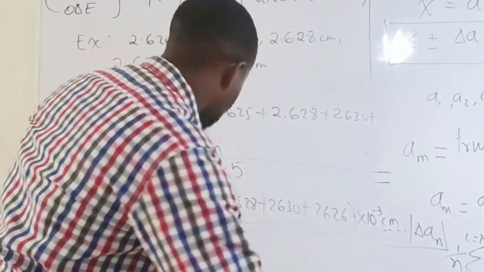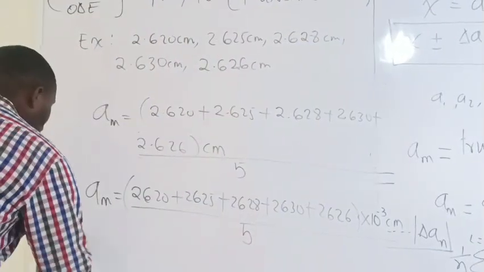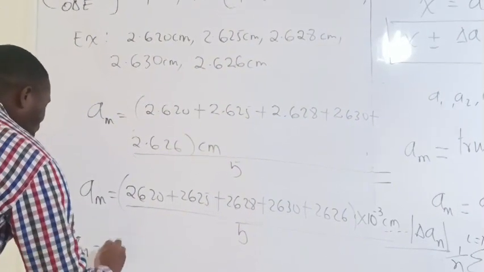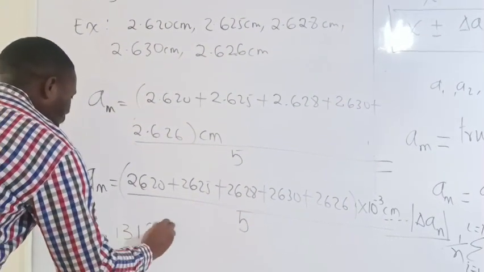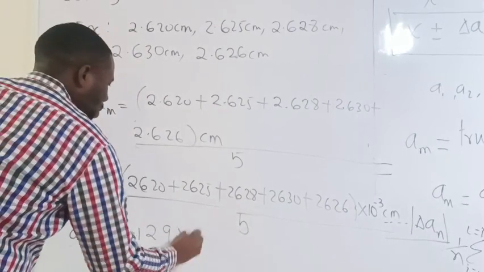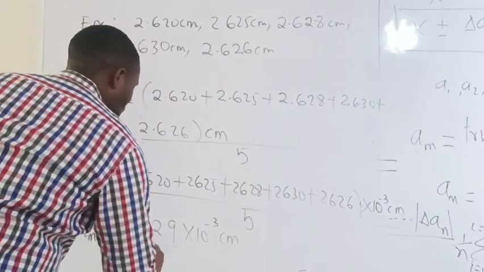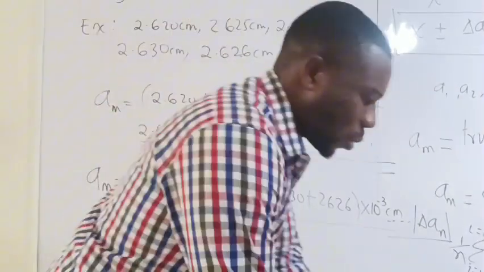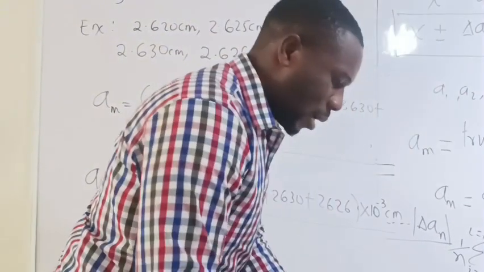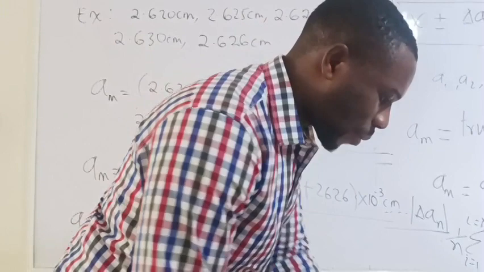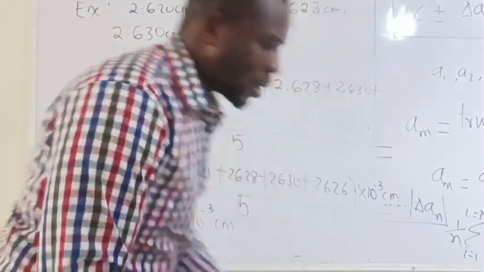So the mean value is 13129, times the 10 to the power minus 3 I factored out, in centimeter. And of course, I could divide this by 5. If I divide by 5, the answer boils down to 2625.8.